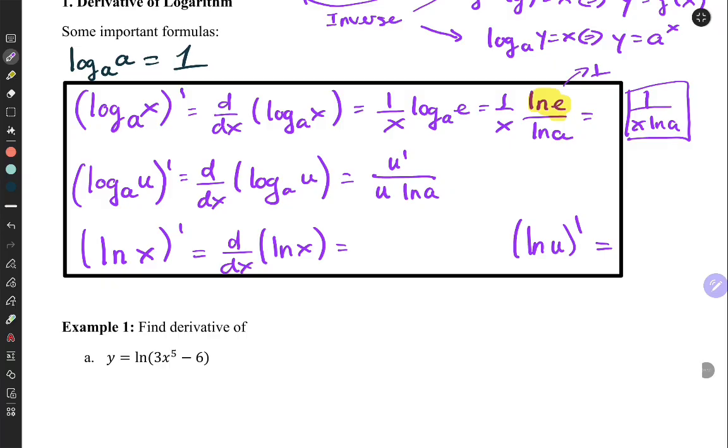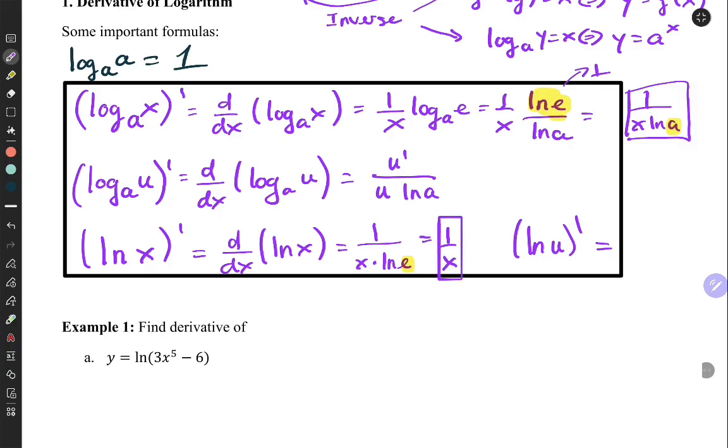So 1 over x times ln of e, because e in this case is the base. And ln of e is 1, therefore 1 over x.